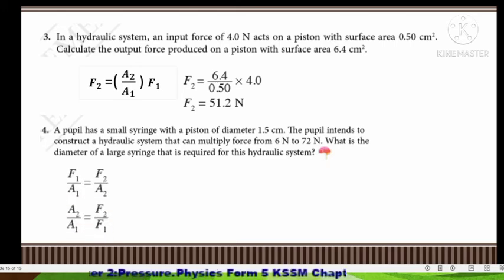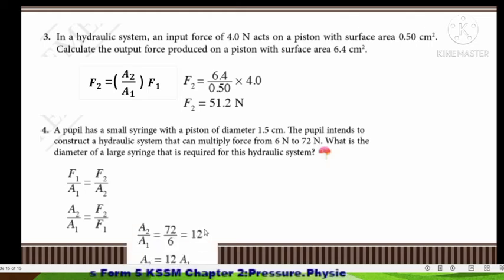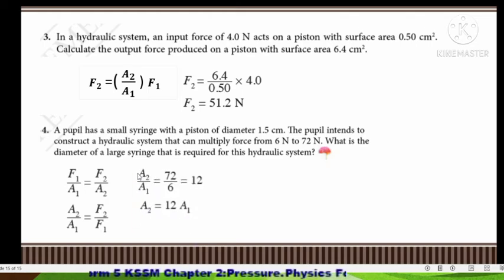So Pascal formula. The multiplying factor A2 over A1 actually equals F2 over F1. We just rearrange the formula here. Thus we get A2 over A1 equals 72 divided by 6 equals 12.